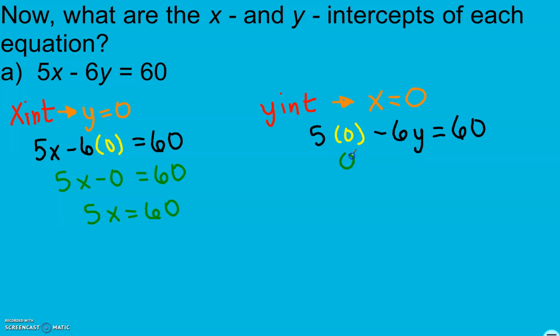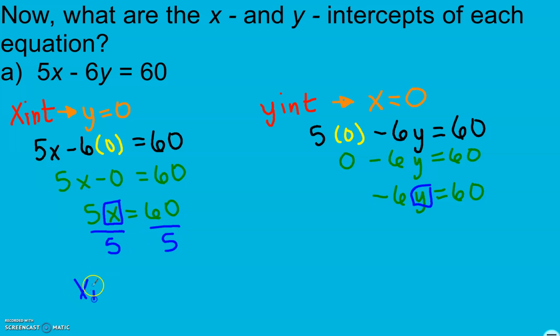Same idea here, I multiply first, and then I subtract. And now I can finally solve. Being multiplied, so I divide. My x-intercept then, and I want to label it as an intercept, is at 12.